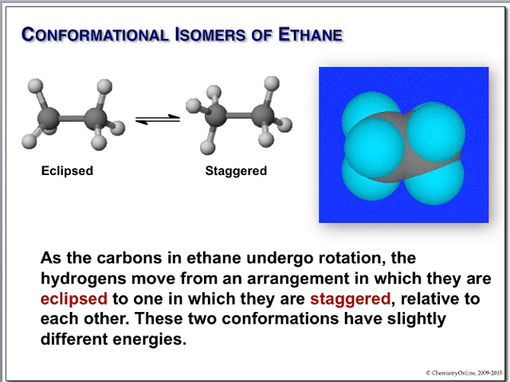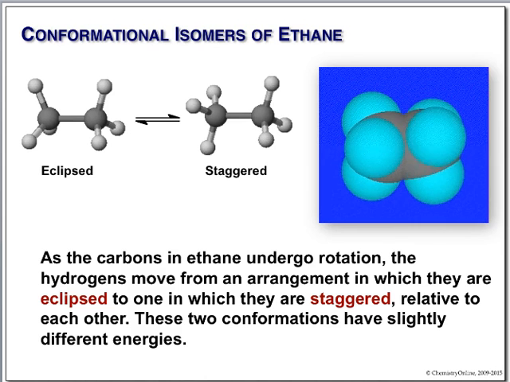In eclipsed, I have this arranged so that the hydrogens here are both sticking straight up. It would be equivalent to this as it goes around. In an eclipse, all of these actually are lined up.